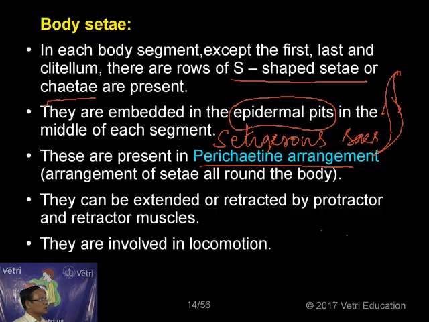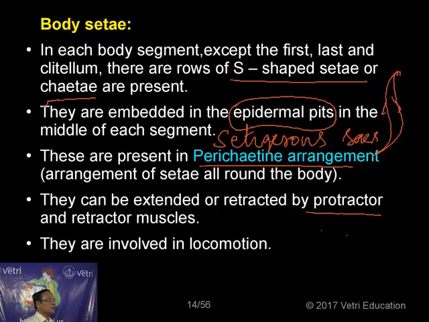This is because of the protractor and retractor muscles. The protractor muscles are responsible for the extension during locomotion. The retractor muscles are responsible for withdrawing the setae into the pit. So both muscles are responsible for the projection as well as the retreating of the body setae.